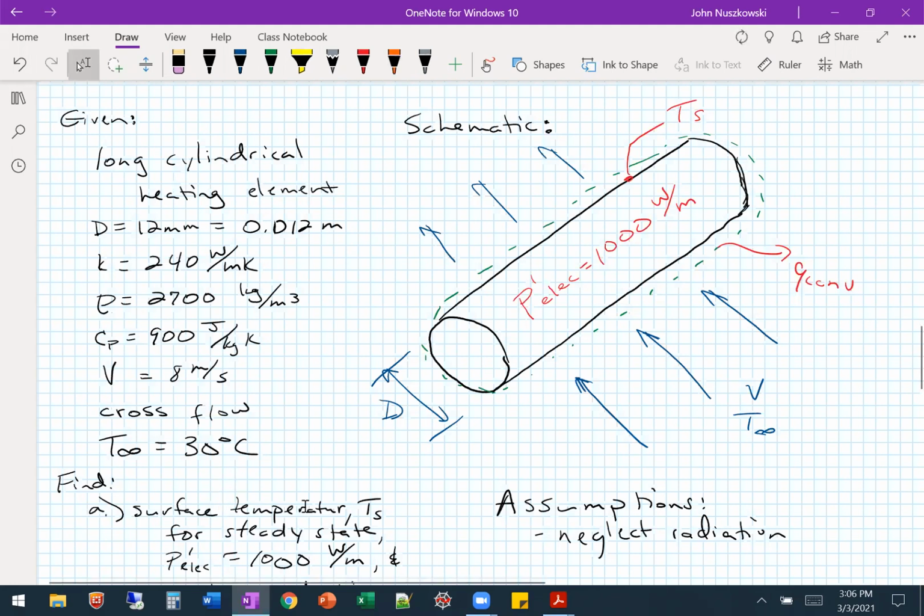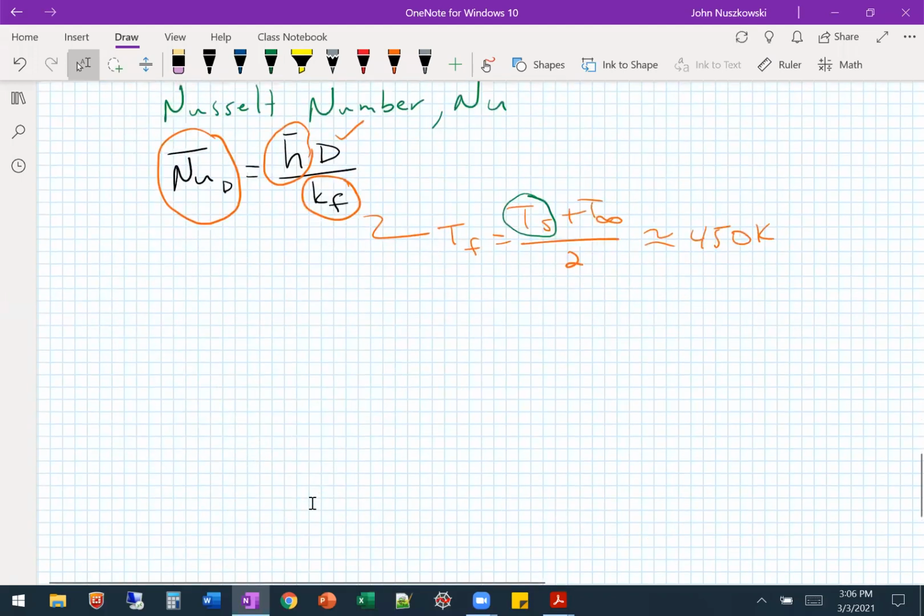So pick a nice round number. We have to assume right here. We can always check it later on. And really, when we're using this average temperature, we're using it for properties. So we want to check how much the properties are changing with the temperature later on. So even if this was 500 and we assumed 400, the properties might not be changing that much over 50 Kelvin. Okay.